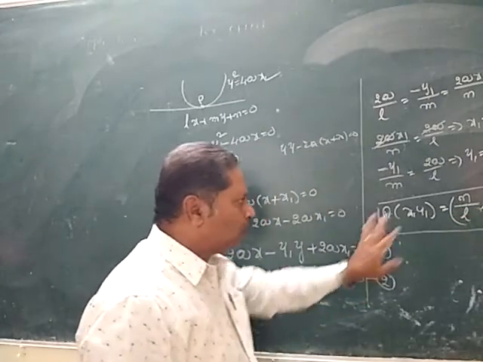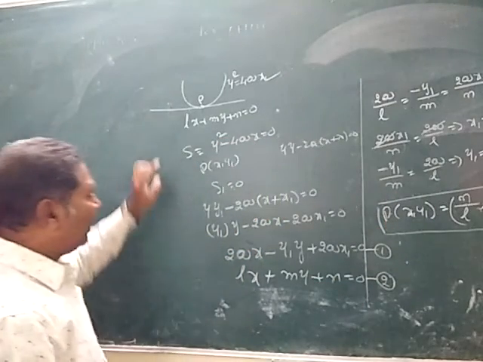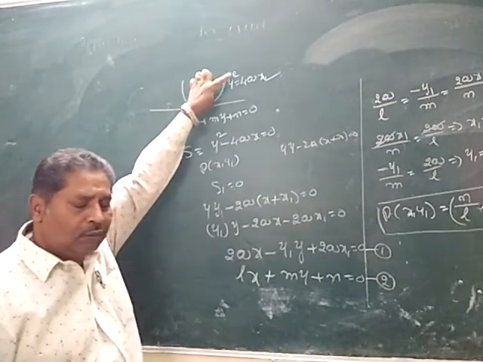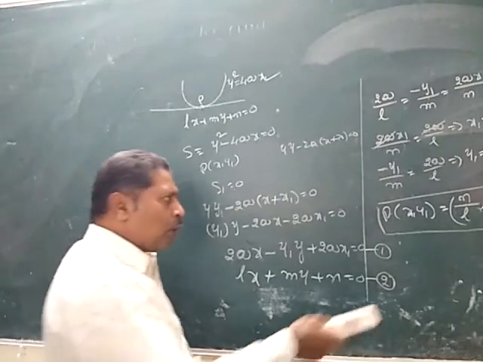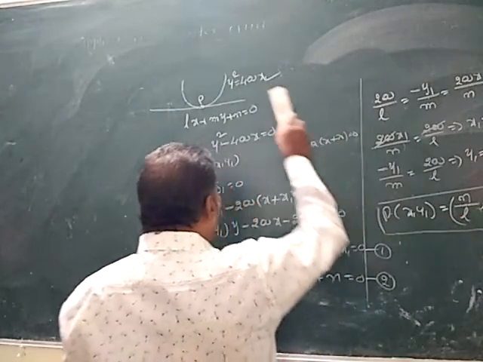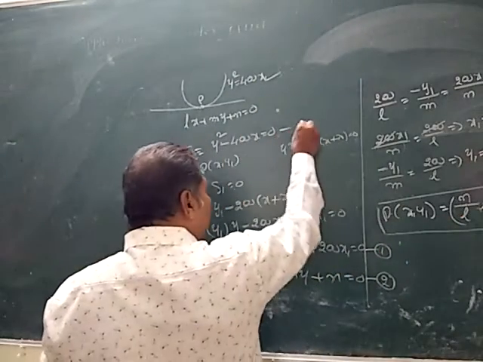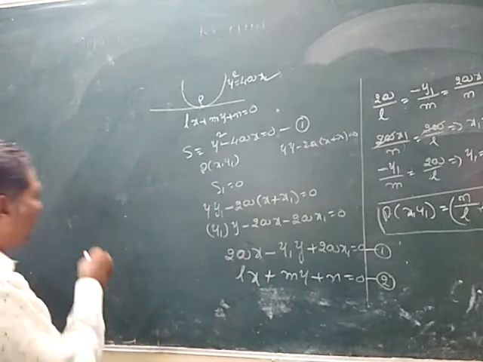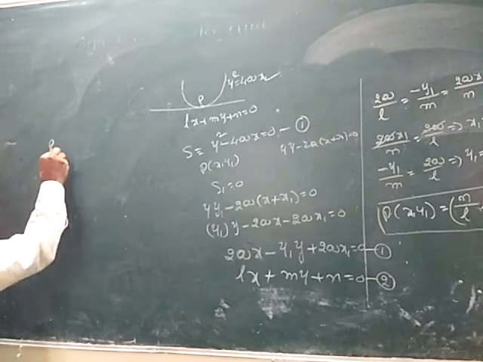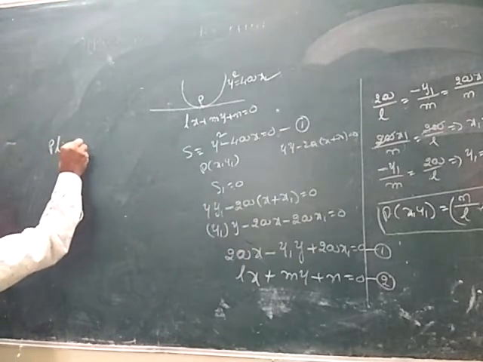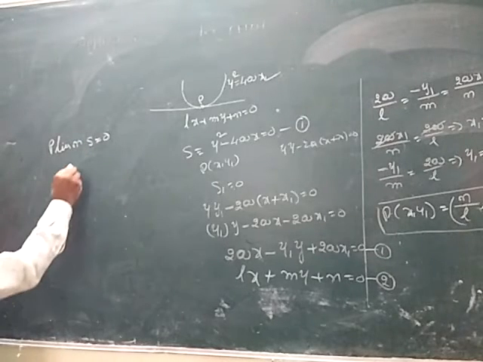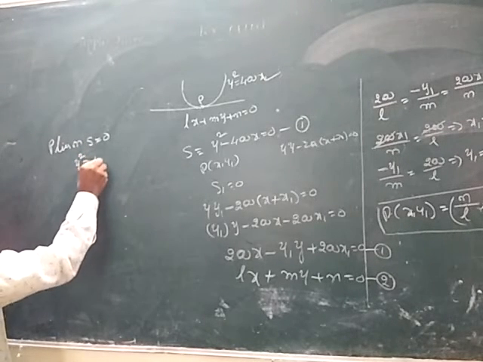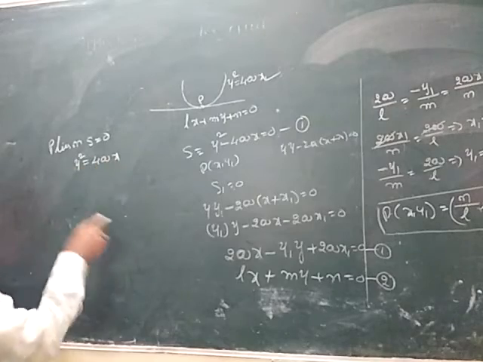Next, this P point lies on the parabola. So substitute this point in the parabola equation. We get the condition. P lies on S equal to 0, y square equal to 4x.